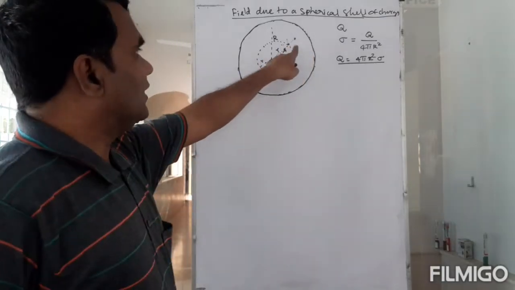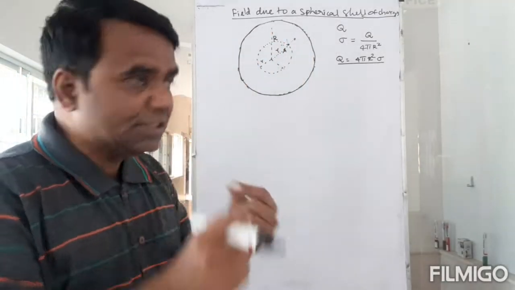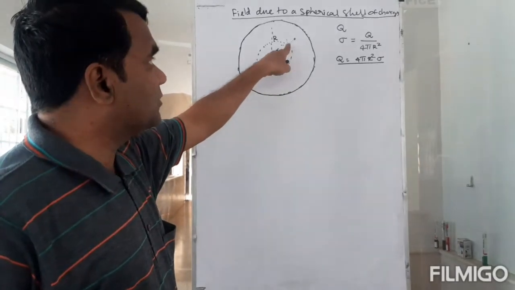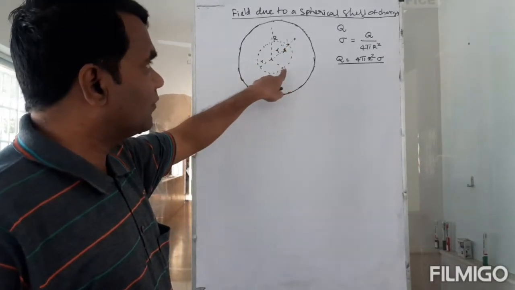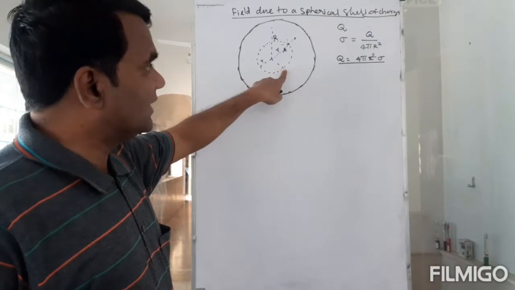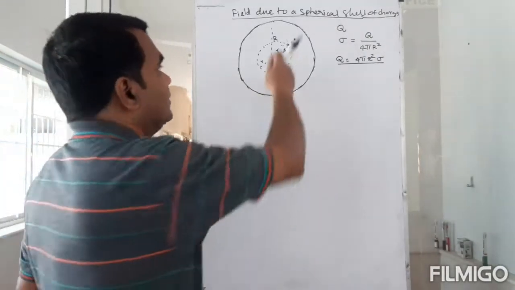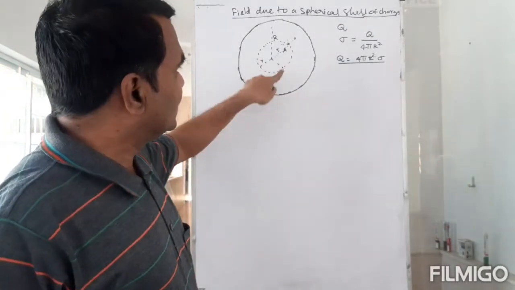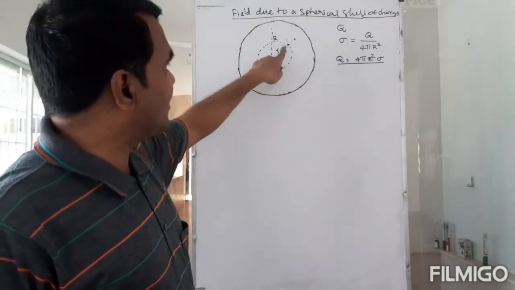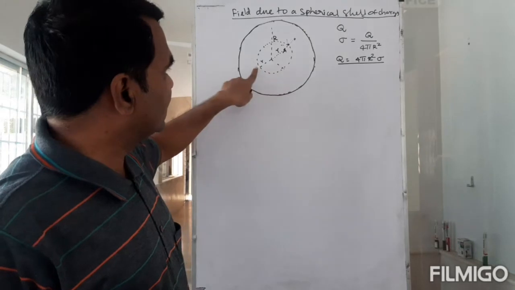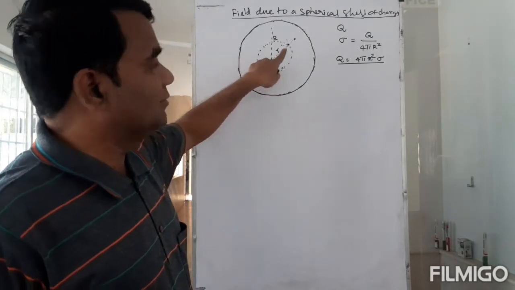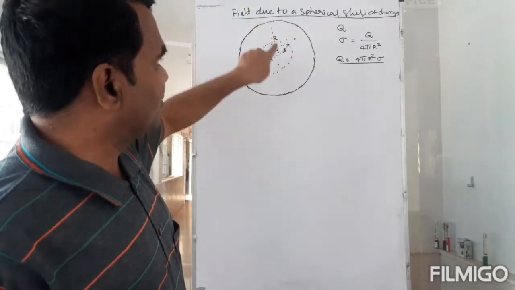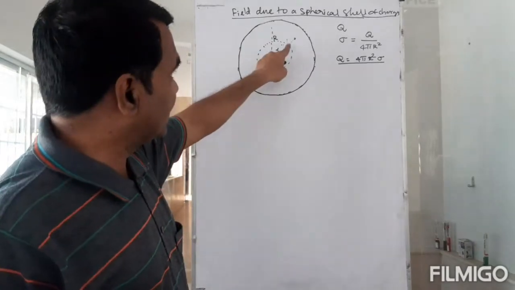So, by symmetry, I can argue that whatever E is here will be equal to the E here, magnitude wise, of course. You can have a different direction here, but at least magnitude wise, you will have the same E here, and here, and here. By symmetry, I can argue that. It doesn't really matter whether I have a point here or here.